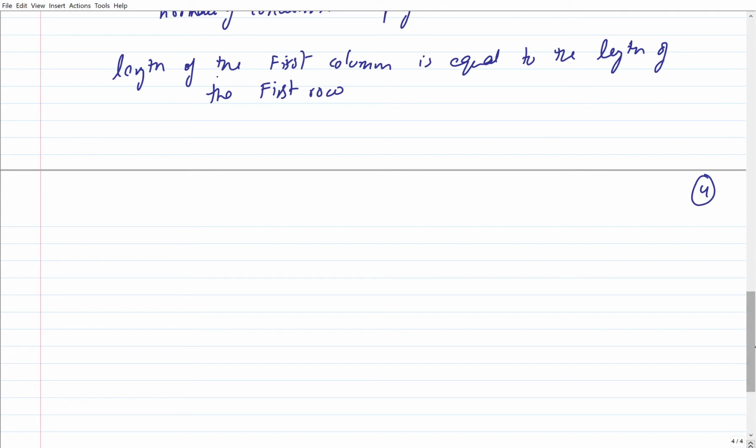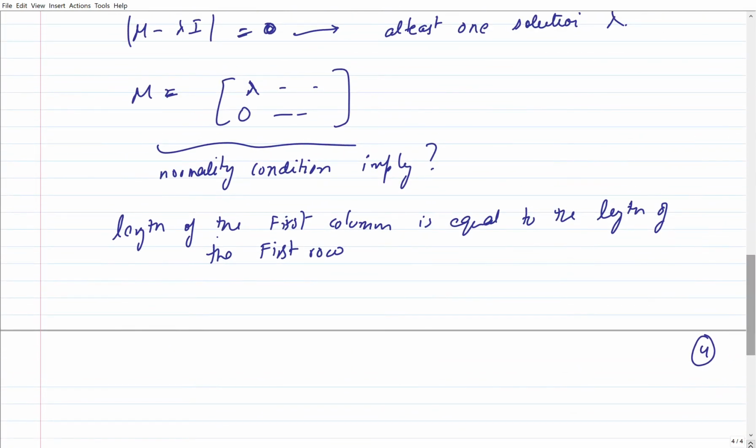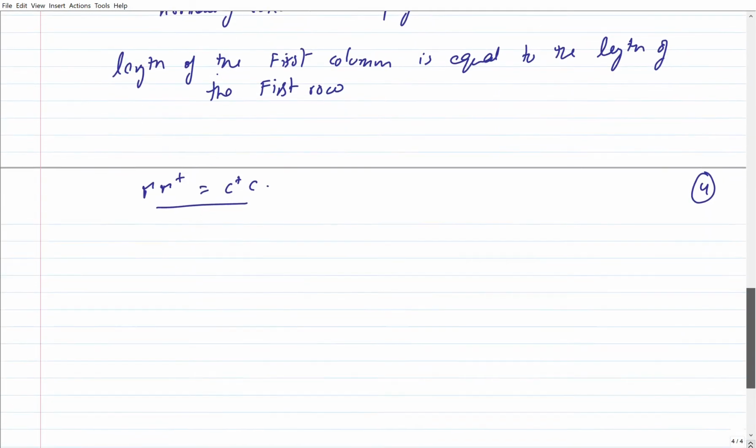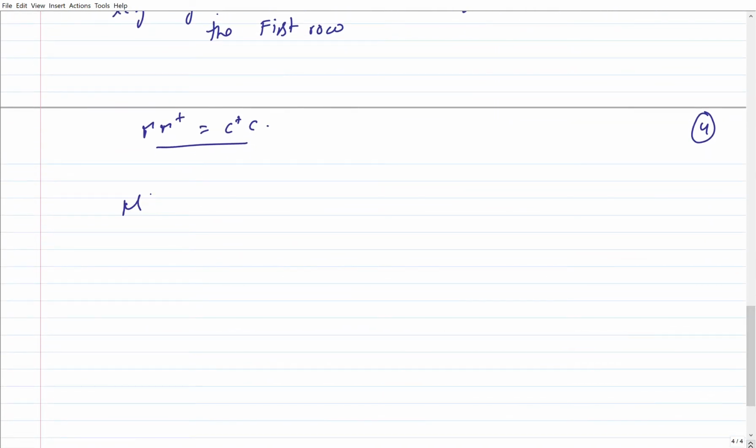So that means the remaining entries of the first row better be 0. Then only will the length of the first column and the length of the row be equal. So I can show that M is of the form lambda, 0, 0, and something over here.